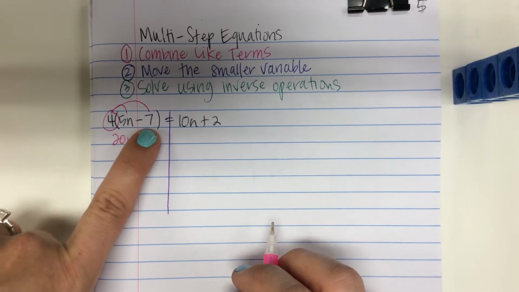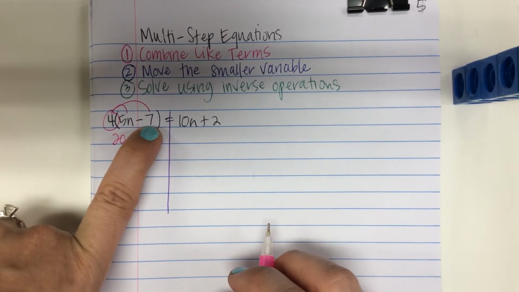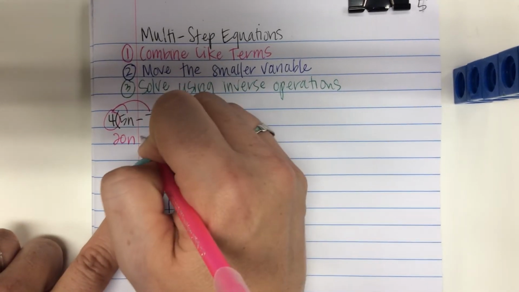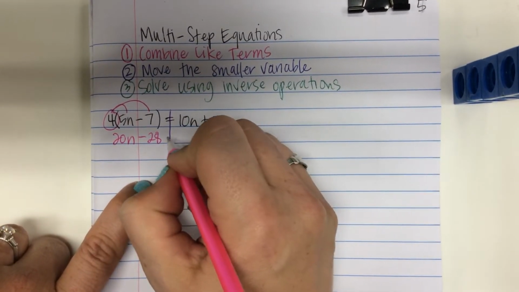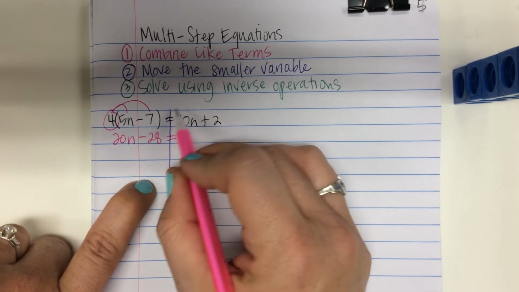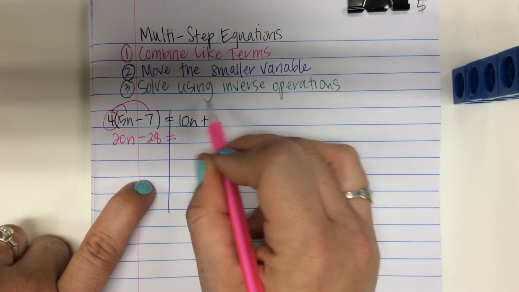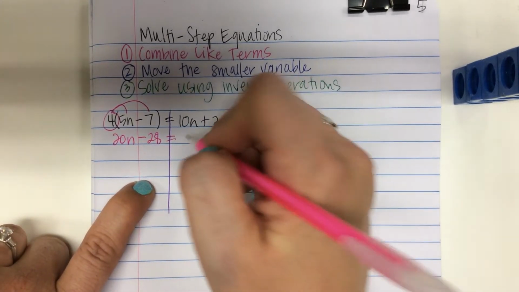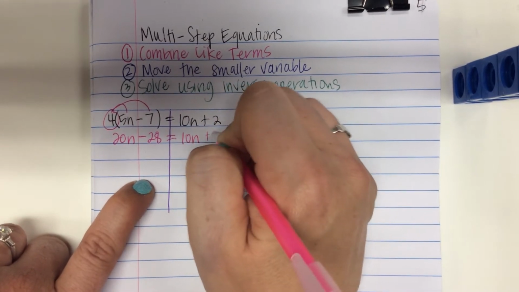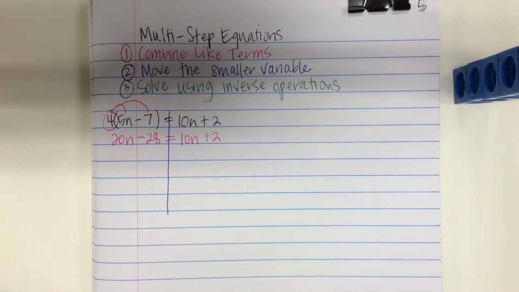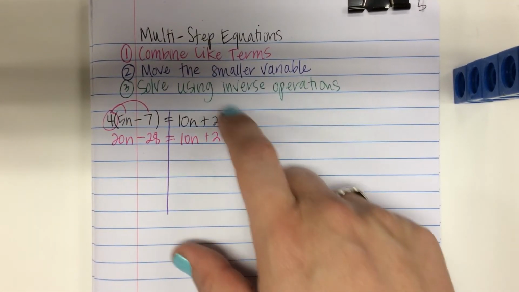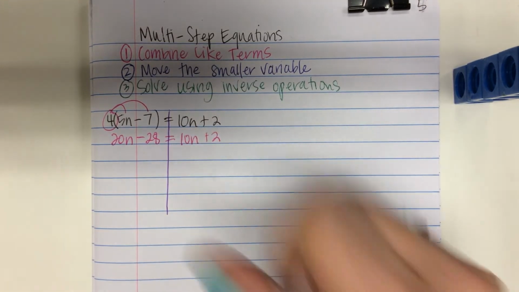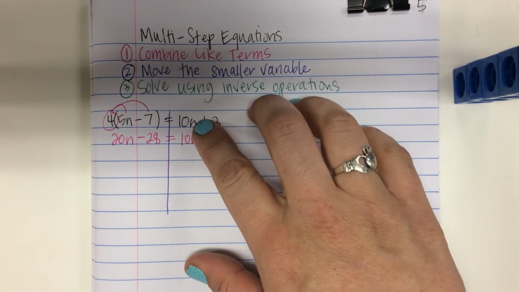And 4 times negative 7, Aiden, negative 28. Equals. Do I have to do anything to the right side? Can you do anything? No. So step number 1 was to combine like terms. I simplified the left side, and the right side was already simplified. I just double checked.